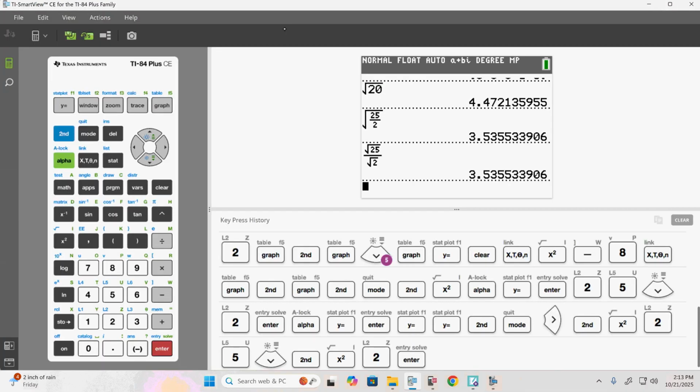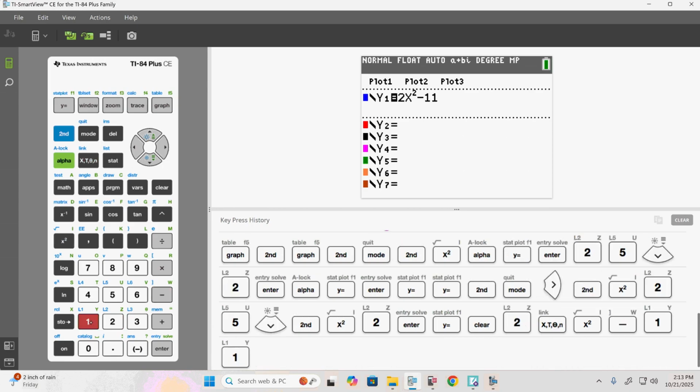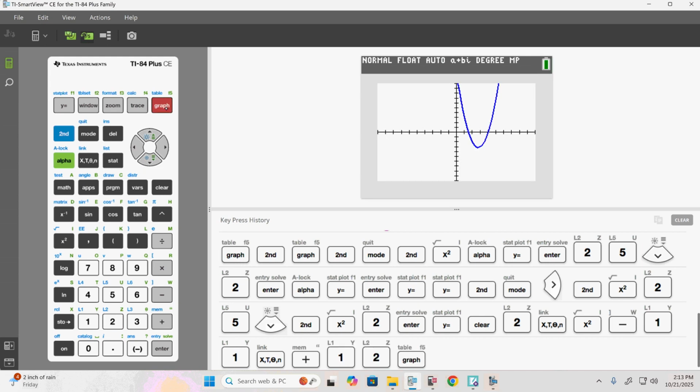Now we can graph it, because we could grab the graphing calculator and hit y equals. And we can type it in: 2x squared minus 11x plus 12. So we can type the equation in and hit graph. We're looking to see where it crosses the x-axis.